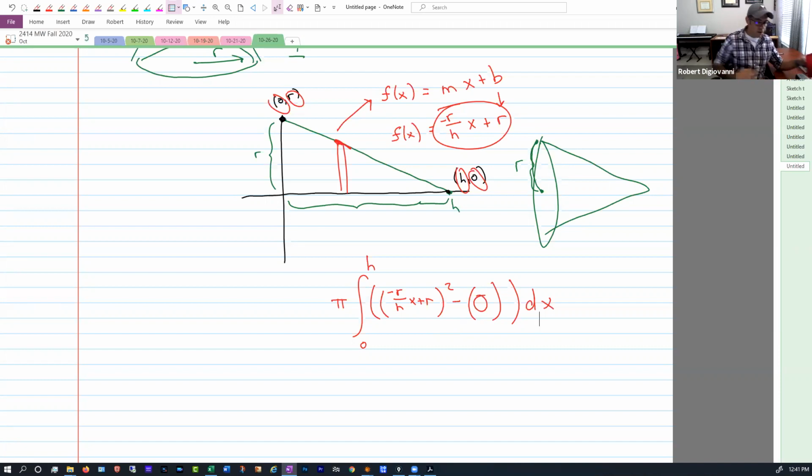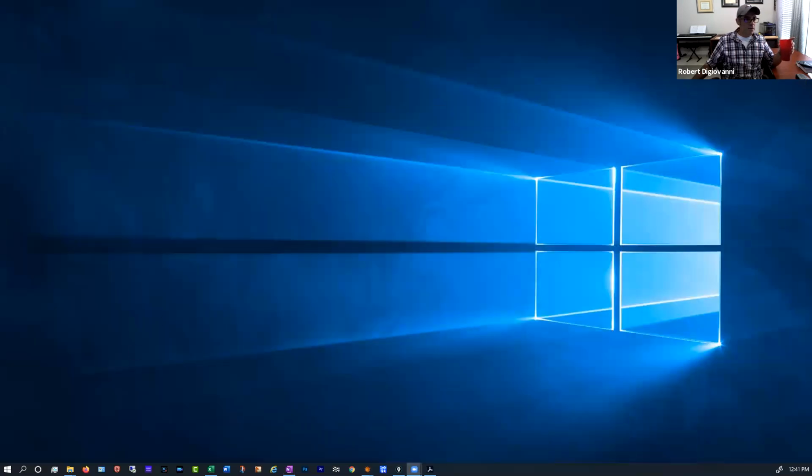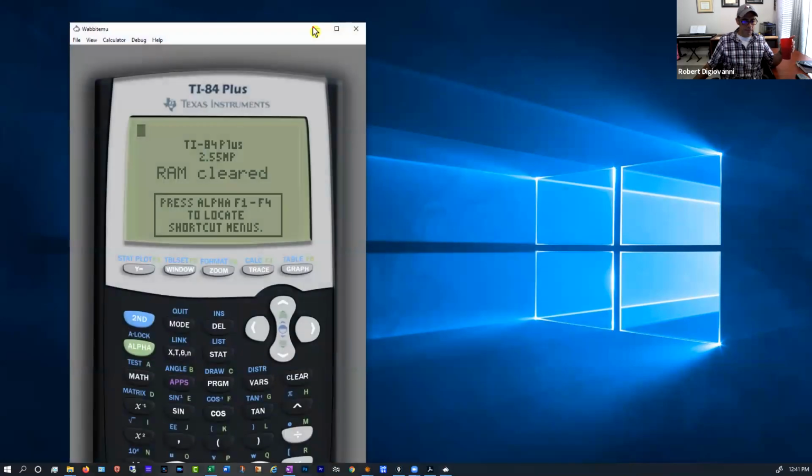All right. So you have to have a Texas Instruments calculator for this to be useful to you. Let me open up my little emulator here.